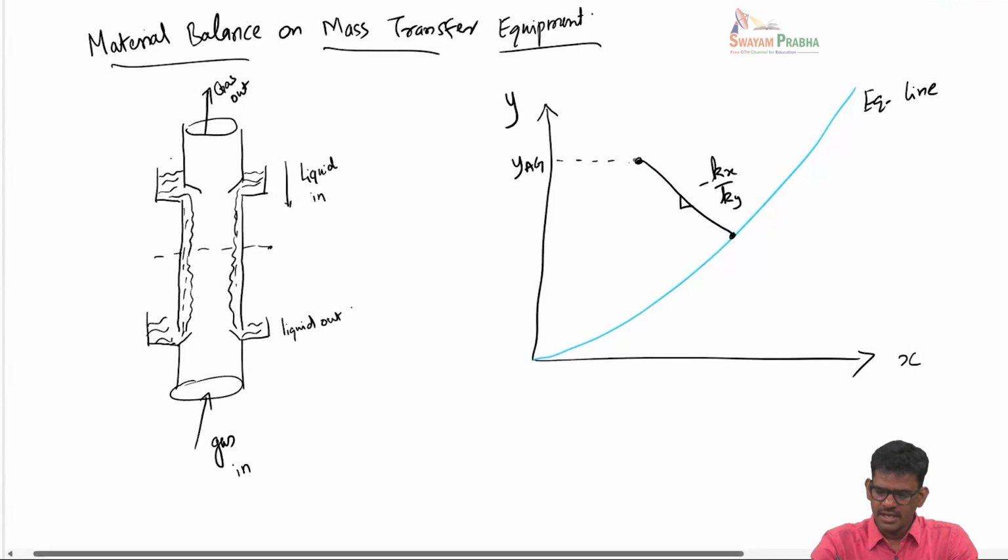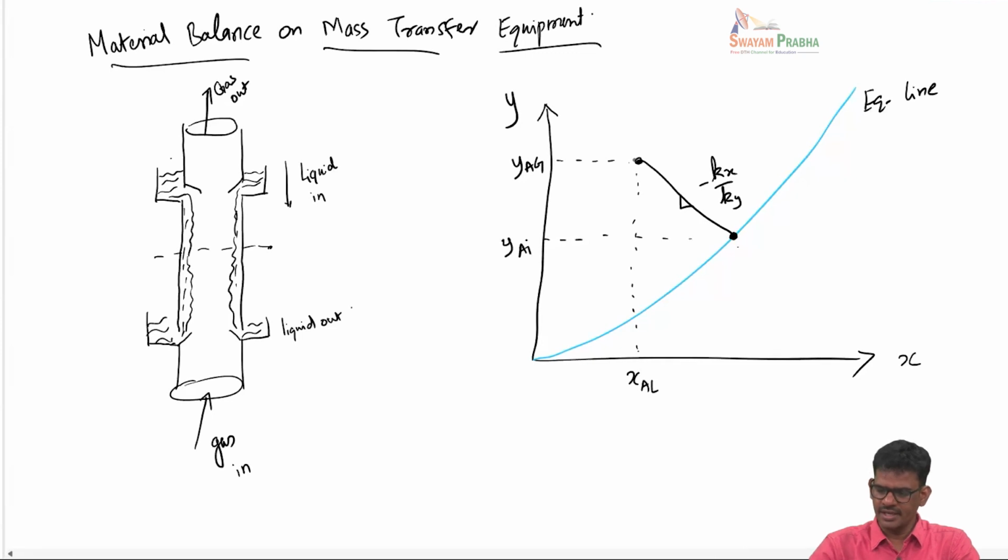So this YAG is the concentration of the bulk composition and XAL is the composition in the liquid, and there are corresponding interfacial concentrations. This is YAI, this is XAI.